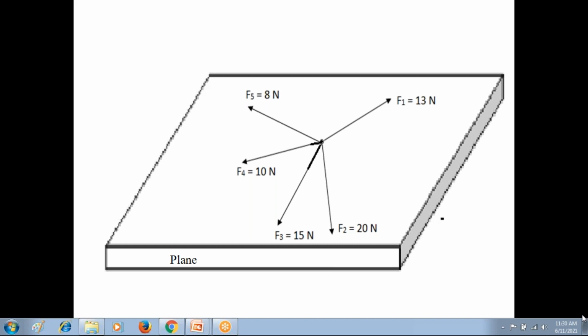Anyone give me the response? How many characteristics does the force have?